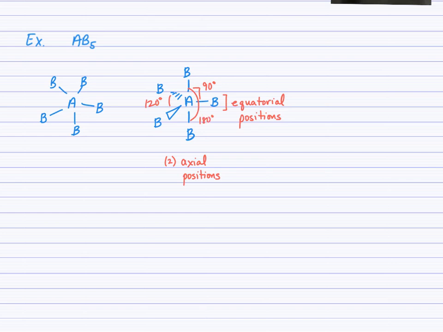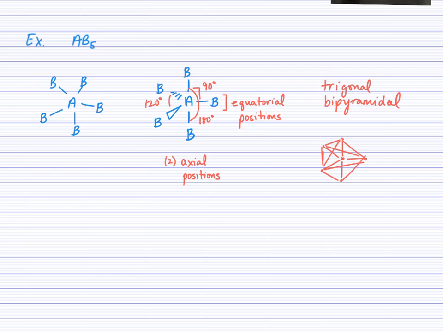So this shape is referred to as trigonal bipyramidal. And hopefully you can see the idea that there are 2 pyramids, so bipyramidal, right? The idea that we have a central atom here, and 2 axial positions, and then 3 equatorial positions that essentially build up a pyramid on top there, and then a pyramid on the bottom.